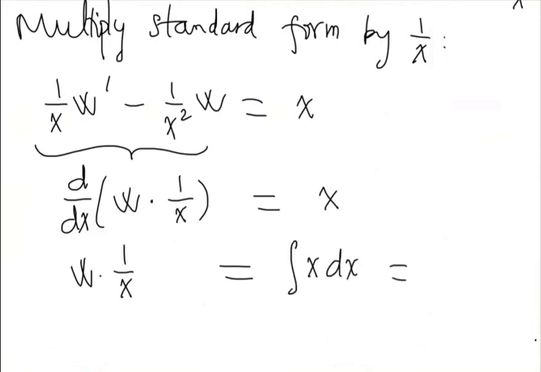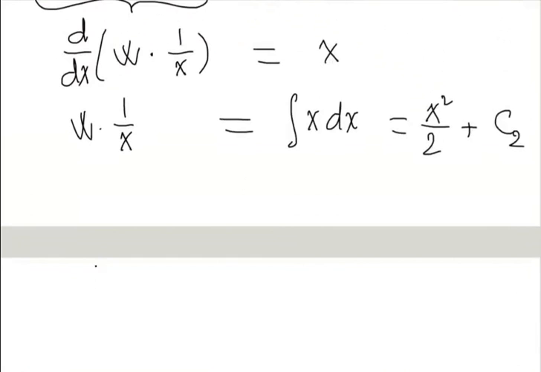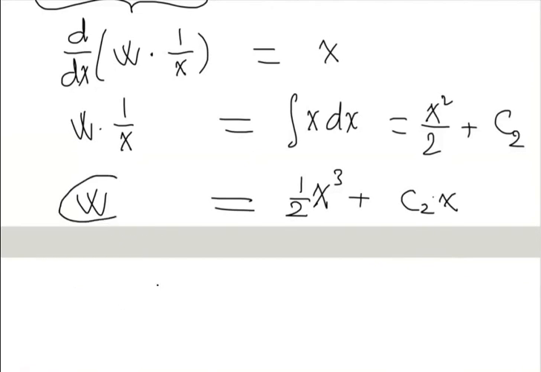We get x squared over 2 plus the constant, which again I will denote by C2 here. Now we solve for w by multiplying everything by x. We get 1/2 x cubed plus C2 x. But recall that w is nothing but v prime.